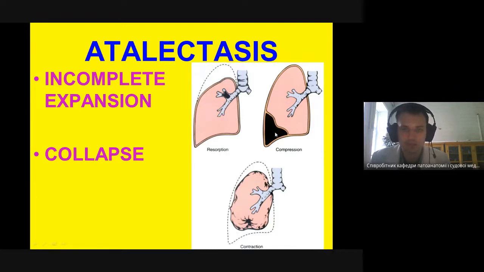Incomplete expansion here, I think, is with liquid in the pleural cavity. It could be water, hydrothorax. It could be blood, hemothorax. It could be air with pneumothorax. And contraction is in pneumosclerosis. That's pneumosclerosis, for example.